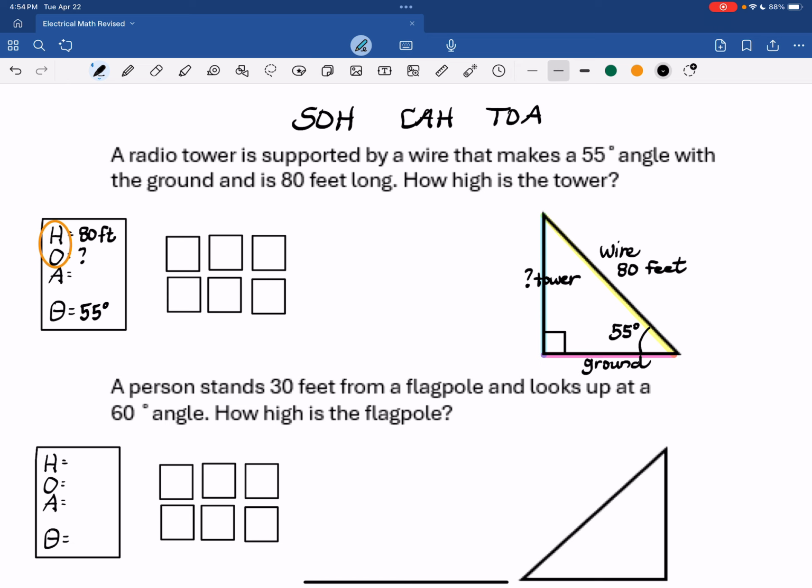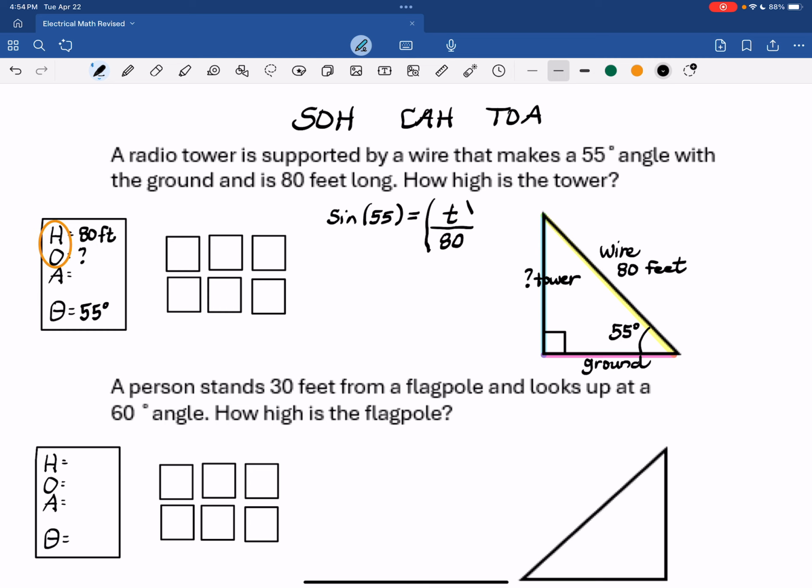But this one has O and H, so that's going to be sine. The sine of 55 degrees, sine of theta, is opposite, which we don't know. I'm going to use a T for tower, over hypotenuse. And we're ready to solve.